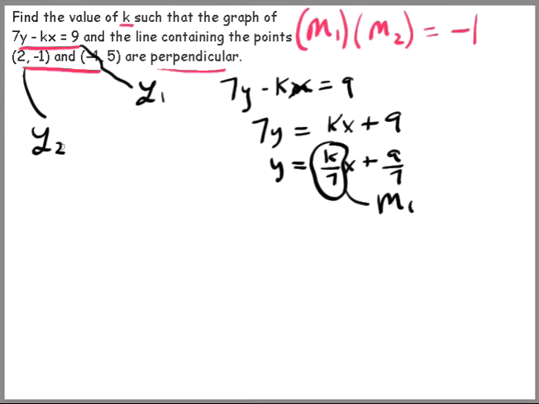Now, line 2. They give us 2 points. And my way of taking 2 points and finding the slope is to write 1 point above the other. Whichever is on top doesn't matter. And then what I do here, and this is a technique created just to eliminate error, it keeps my y's and my x's in their proper order and cuts my error rate down to perhaps 1 out of every 100 times.